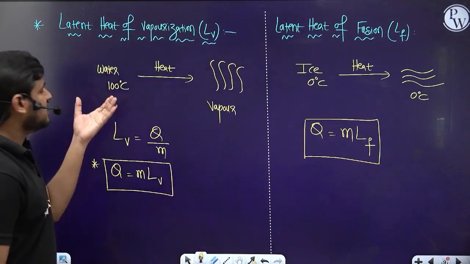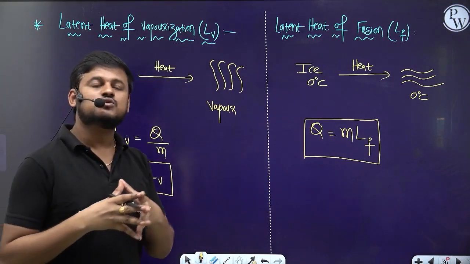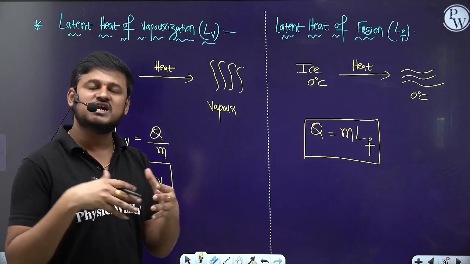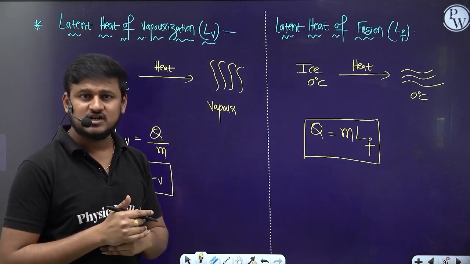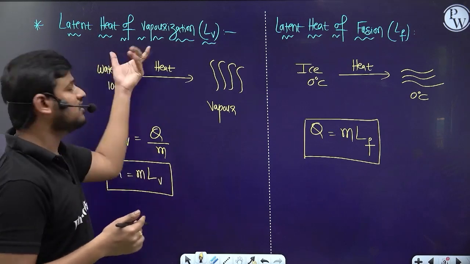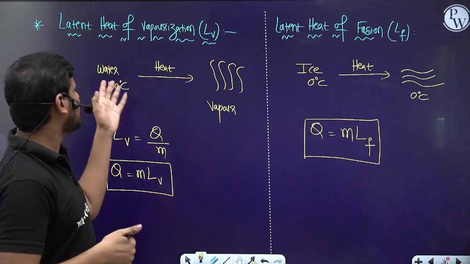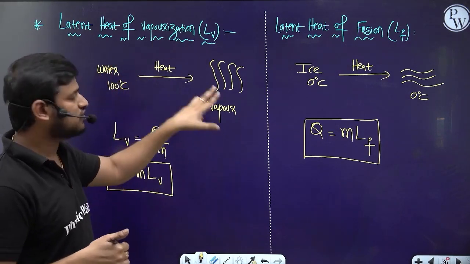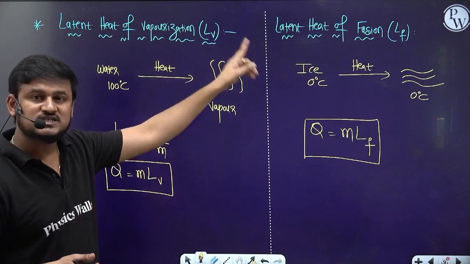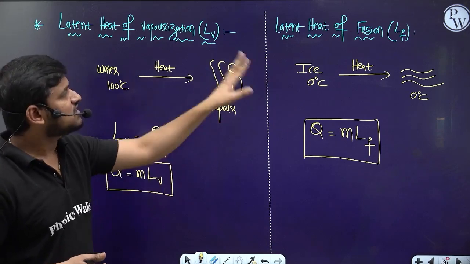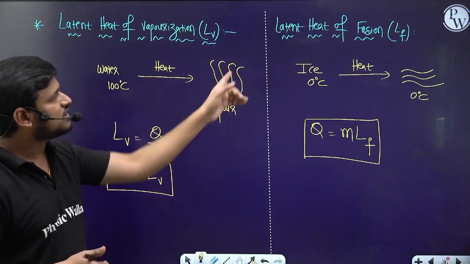So where the temperature is constant and the heat that you supplied is utilized in the change in state, that heat is called the latent heat. If water is being converted to vapor, then it's the latent heat of vaporization. If ice is converted to water, then it's the latent heat of fusion or latent heat of melting.